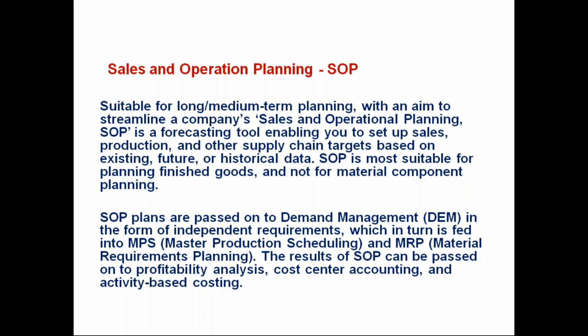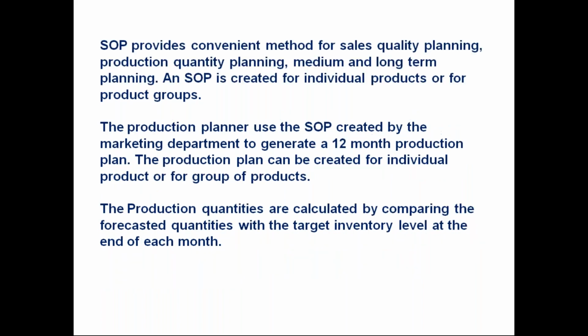How will this sales and operation planning work generally? The sales and operation plans are passed to demand management, first of all. So we'll have the previous sales data. Then it is passed to demand management in the form of independent requirements, which in turn will convert into material requirement planning.